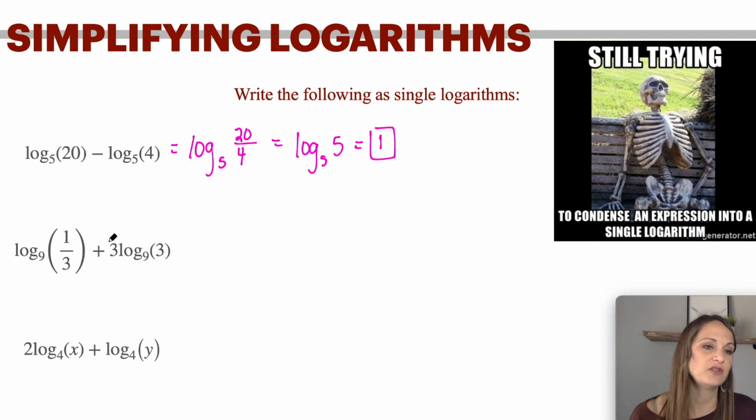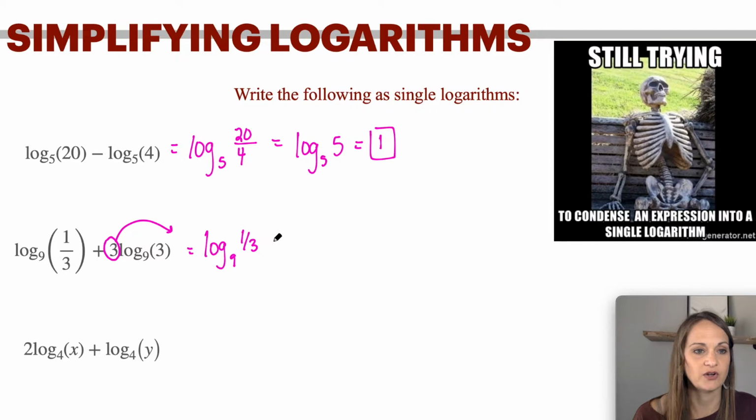In this case, we have two things going on. First, we have a number in front, which means we can throw it back into the exponent. So I can say log base 9 of 1/3 plus log base 9 of 3 to the third.